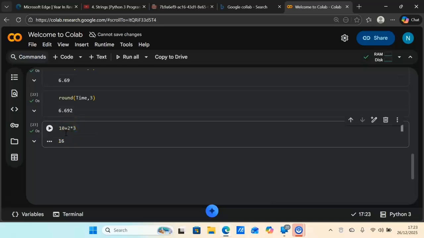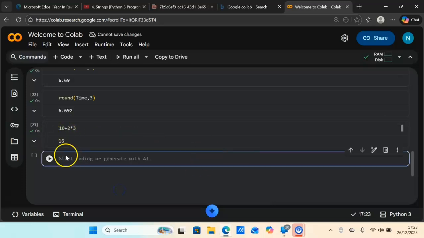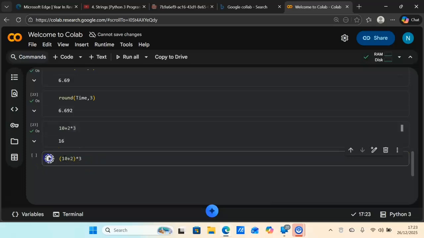But if you want to solve it separately, you write it down with brackets: (10 plus 2), then you put your star sign, 3. When you solve this, you should be having your 36. Yeah. So thank you.